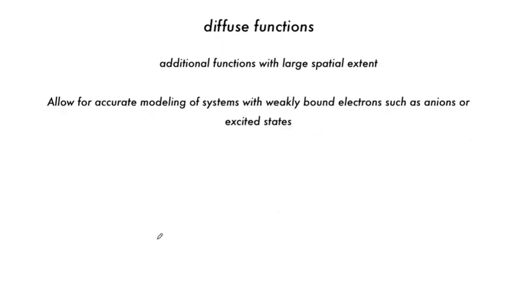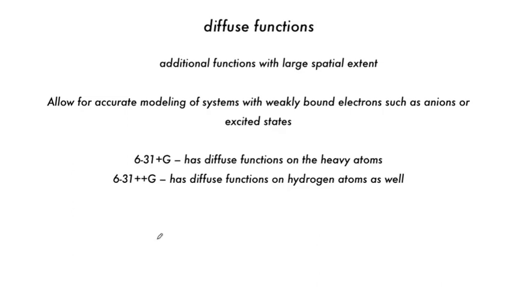Diffuse functions add additional functions with large spatial extent. This accounts for, for example, induced dipole moments, or very large atoms having this polarization of their electron density. That's where the diffuse functions come into play. They allow for accurate modeling of systems with weakly bound electrons, such as anions or excited states. 6-31+G has diffuse functions on heavy atoms. 6-31++G has diffuse functions on hydrogen atoms as well.